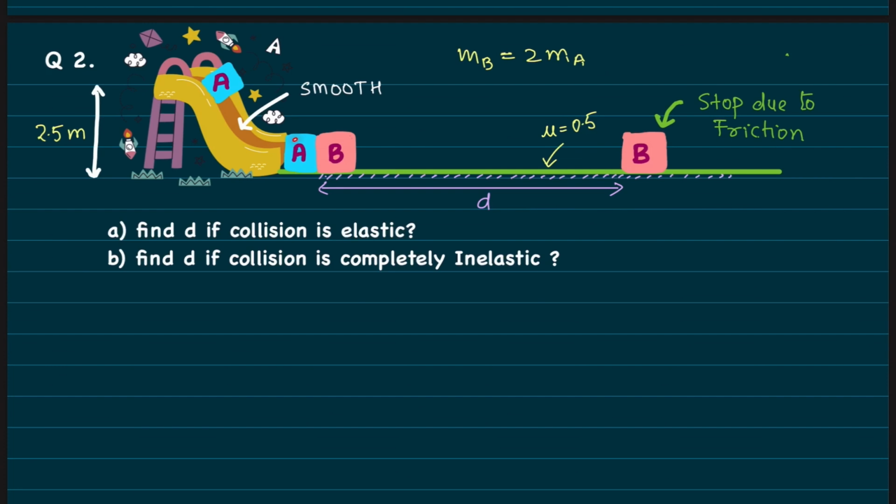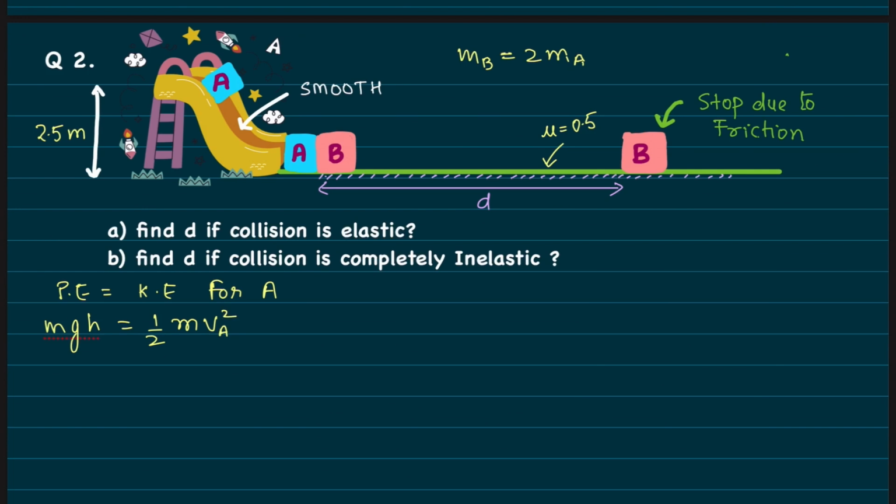So we know the formula for calculating the elastic collision velocities, but before that we need to calculate the speed of A here. Initially it has potential energy, and all the potential energy is converted into kinetic energy at the ground surface. So this is our first step. We can say all the potential energy is equal to kinetic energy for block A, right? So potential energy mgh is equal to 1/2 m Va square.